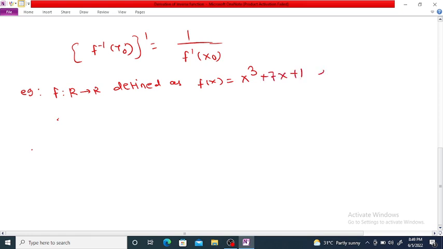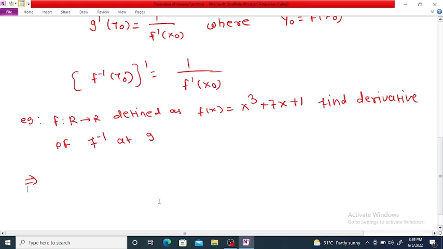Find the derivative of f inverse at 9. Here there is no need to determine f inverse of the given function and then find the derivative. Here, by using the previous formula, we are going to find the derivative at 9.